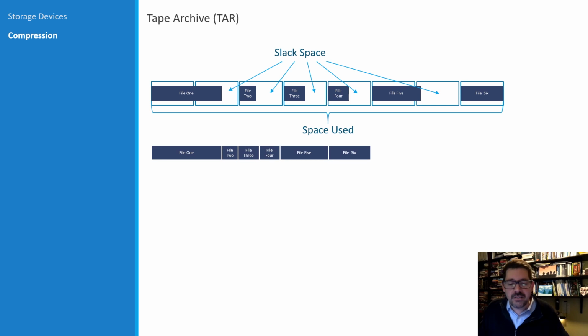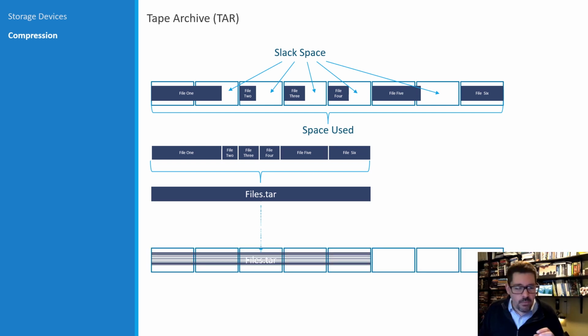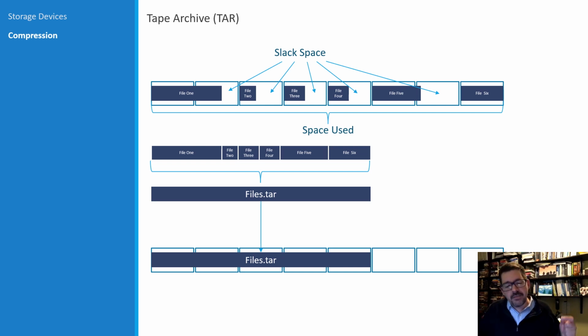What the tar utility does is it takes all those files and combines them into one contiguous file. We'll call it files.tar. So files 1 through 6 get combined into one file, and then that one files.tar now gets stored to the disk. If you look at the hard drive at the top of this PowerPoint slide, we're using that entire hard drive for those files.